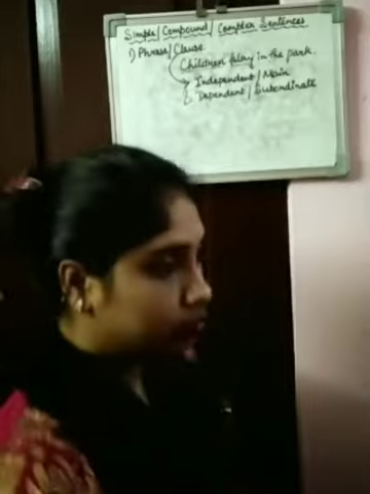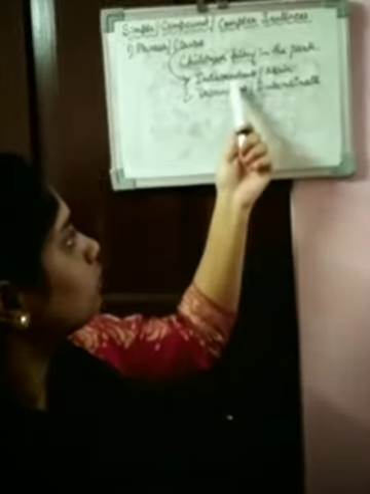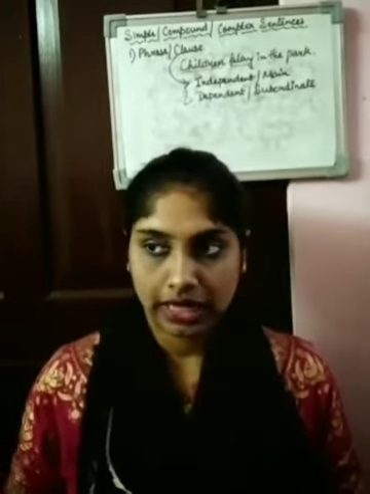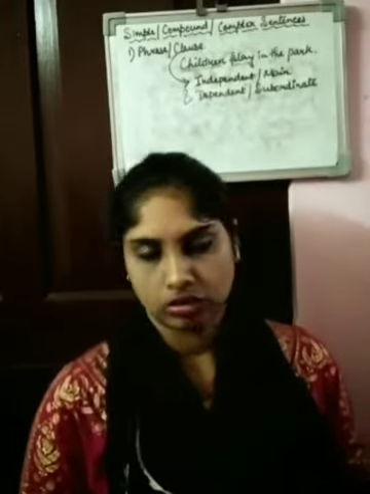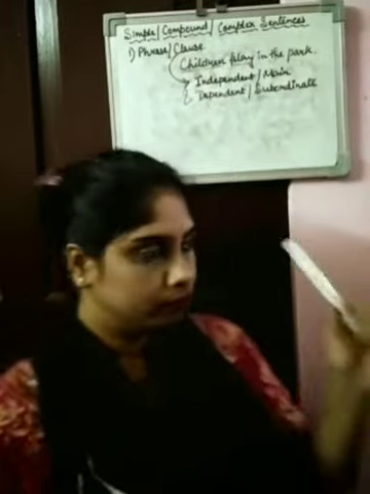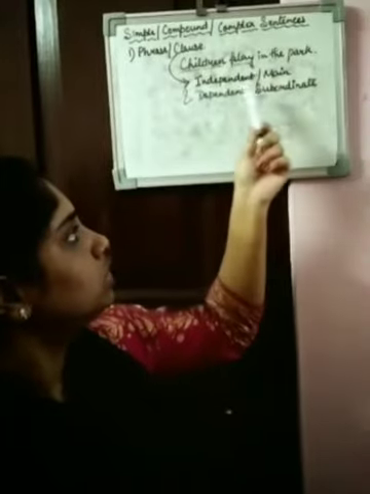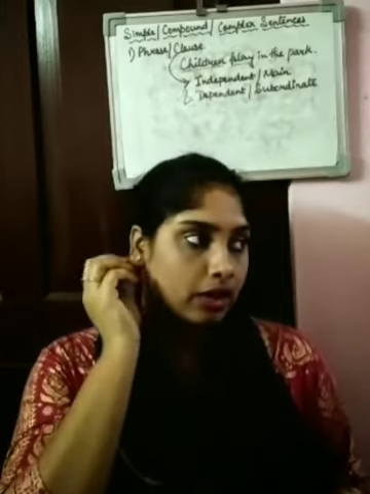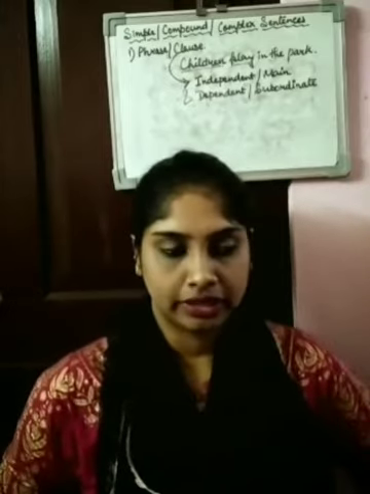By the name itself I think you can understand the meaning: a clause which does not depend on any other clause is independent, and one which depends on another is a dependent clause. It's a very easy thing. Now see this sentence, children play in the park. Is this independent or dependent? This is independent.